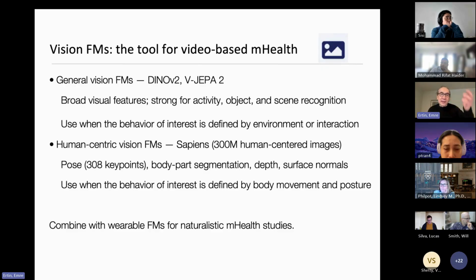Looking at the final category, vision models, these look at thousands and thousands of photos curated for, for example, activity, object, and scene recognition. We use DINOv2 and other models when you are mostly interested in the environment.